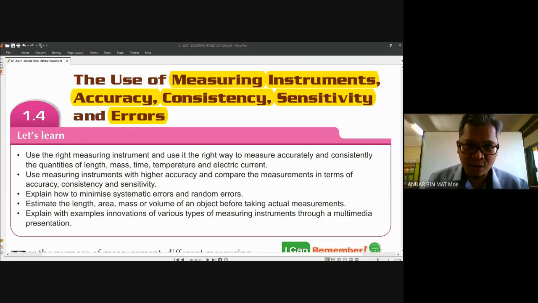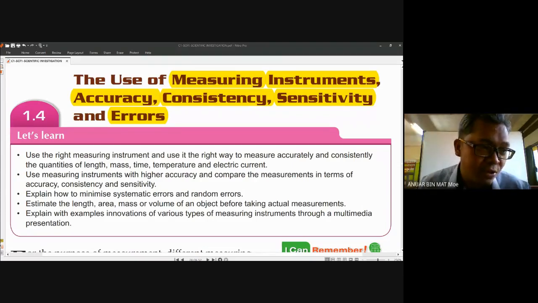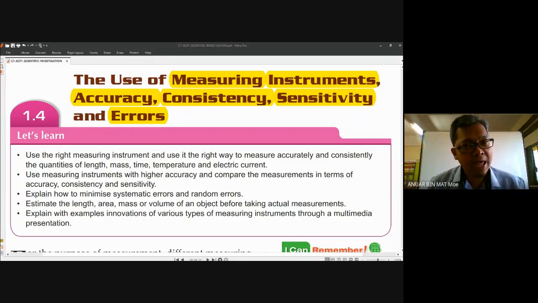Number 1, anybody can give me one example? Length. Okay, very good. You want to measure the length. And then what is the SI unit for length? Meter. Yes, the SI unit for length is meter. Small m or big M?